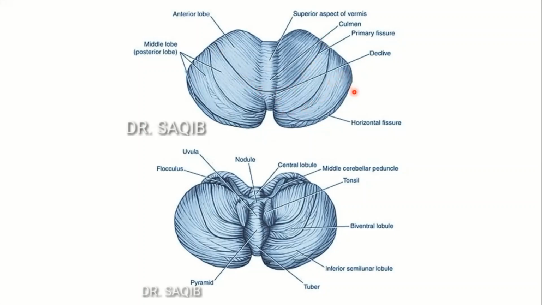This is a horizontal fissure, and the part in front of the primary fissure is the anterior lobe. Between the primary fissure and the horizontal fissure there is the middle lobe or the posterior lobe, which is the largest lobe. And the third one is a flocculonodular lobe. This is a flocculus and this is a nodule. This I have described in detail in my previous videos on cerebellum here on YouTube on my channel Learning Anatomy.